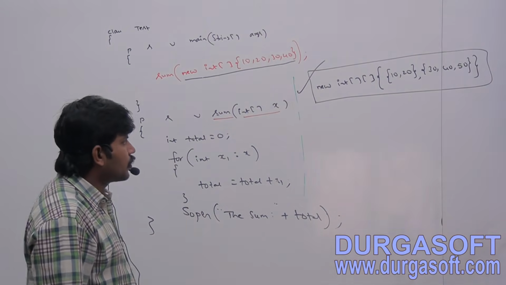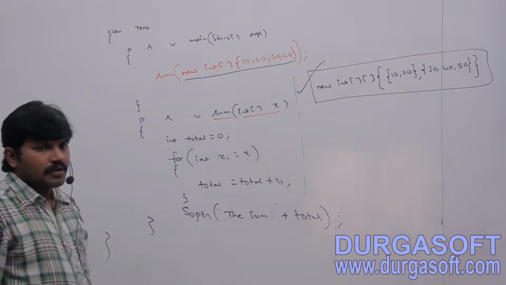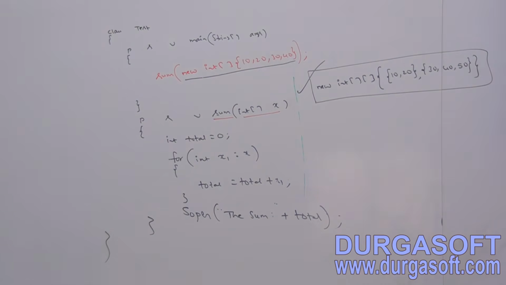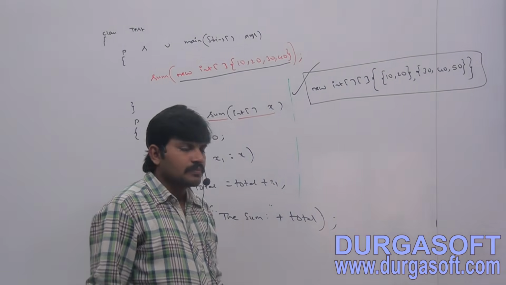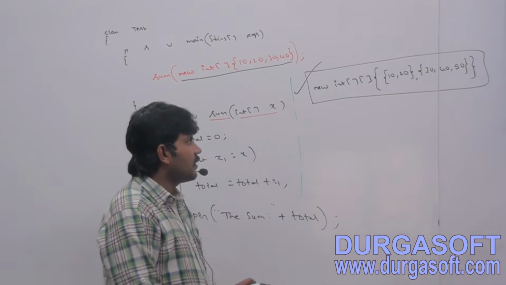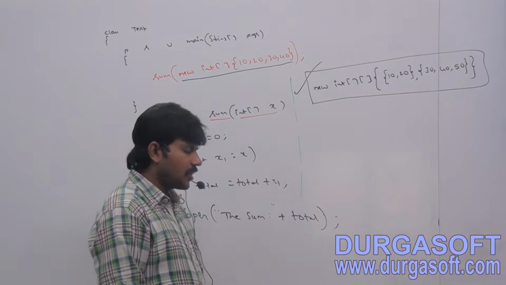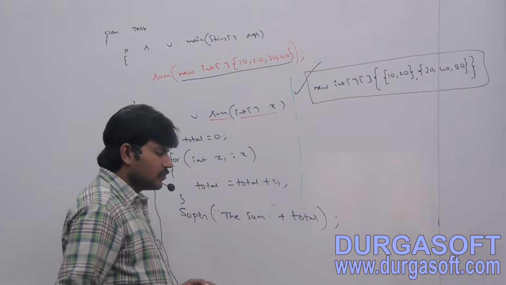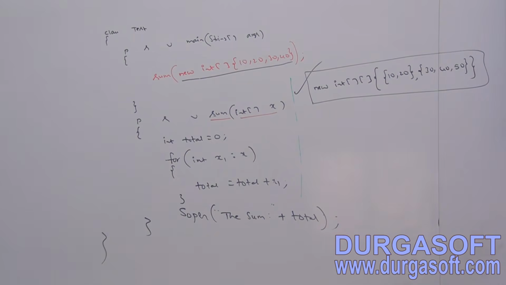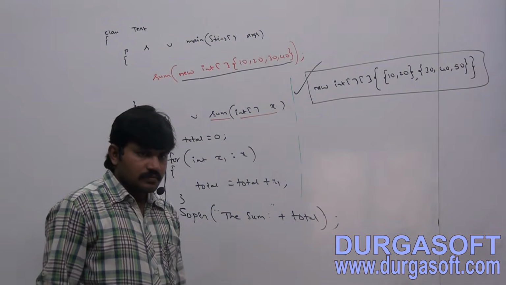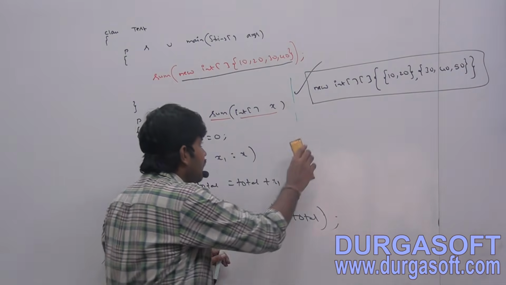New 2-dimensional array of 10, 20, then 30, 40, 50. Completed, right?